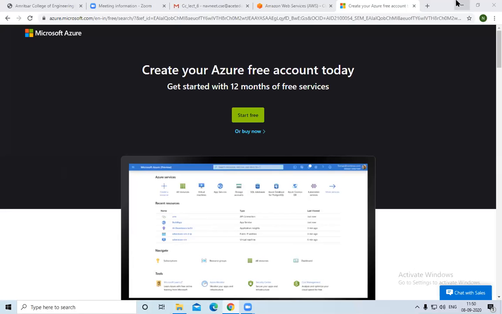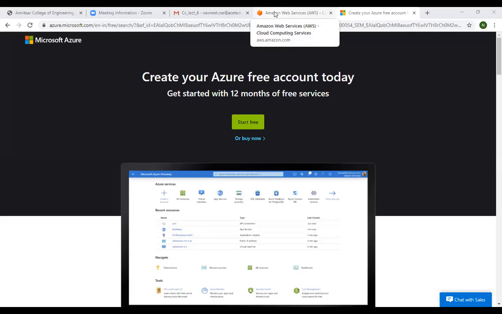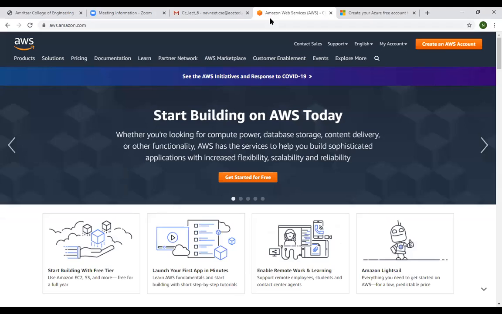Now moving ahead, can you see Amazon Web Services?